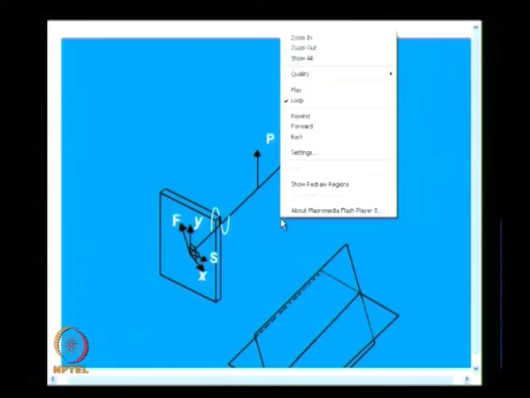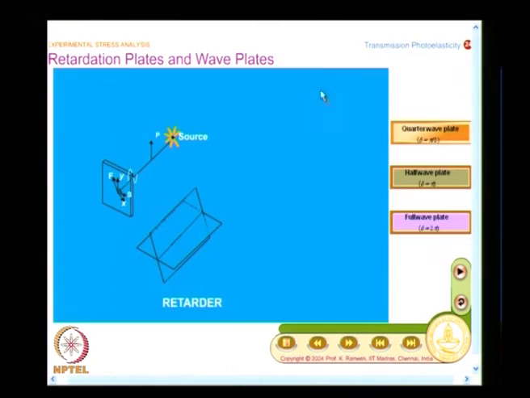You anticipate for one incident light there will be 2 refracted beams, because that is what the whole of crystal optics tells you. For one incident beam I will have 2 refracted beams, and these 2 refracted beams are plane polarized and their planes of polarization mutually perpendicular. Let us see this, that is what is shown in the animation.